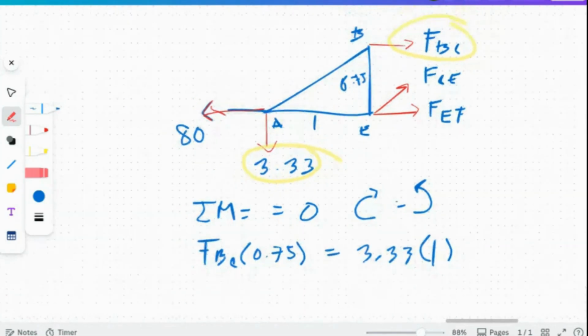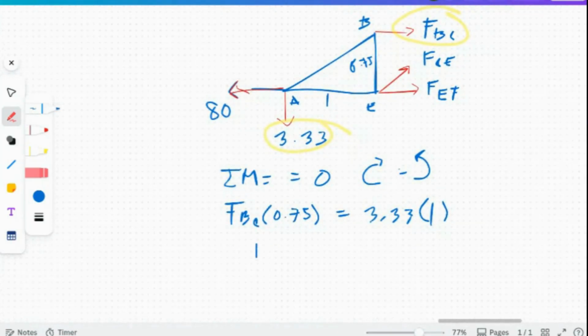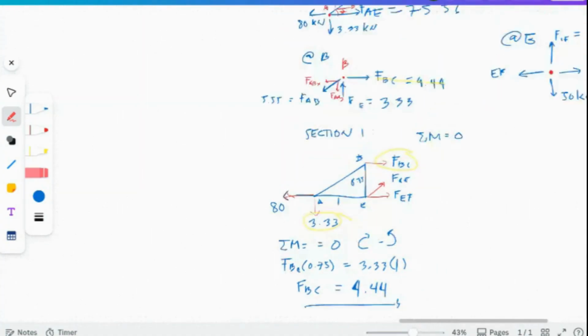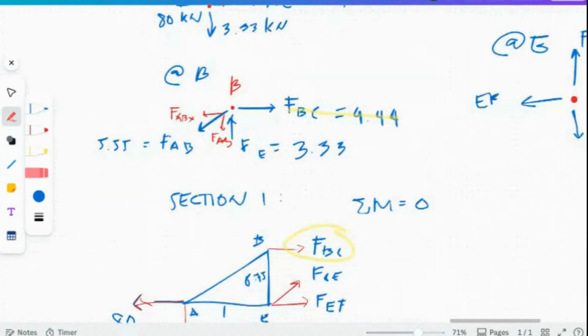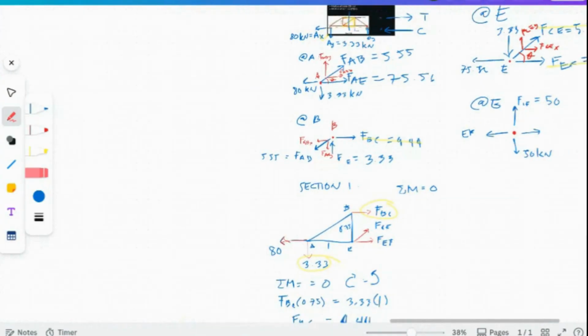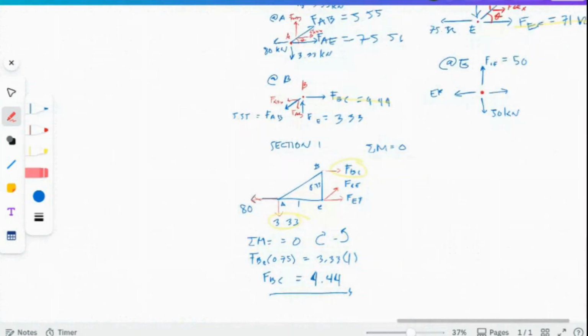So this gives us FBC equals 3.33 divided by 0.75. We get 4.44. Okay. So if you compare that to earlier, FBC is 4.44. See, you just get the same answer still.